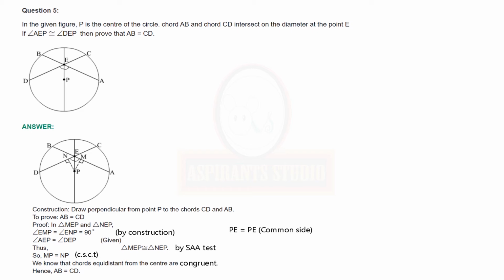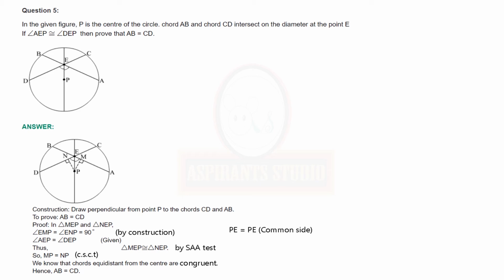Now look at the figure. We have PN perpendicular to chord CD. So PN is also perpendicular to EN. We have PM perpendicular to chord AB. So PM is also perpendicular to EM.